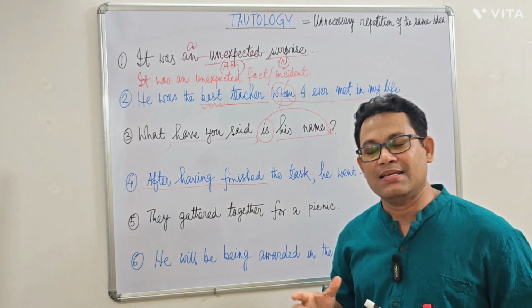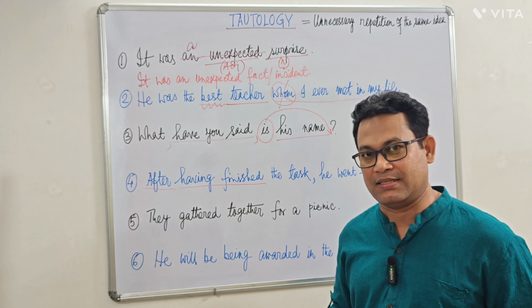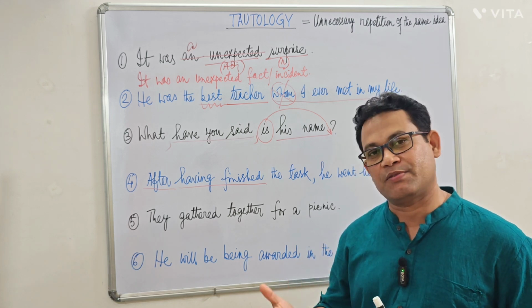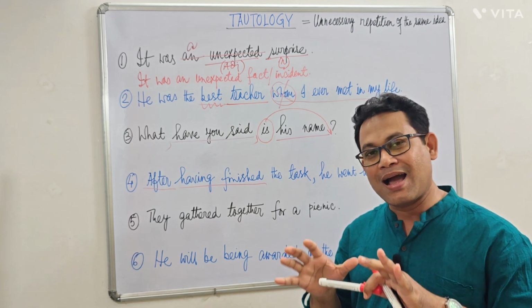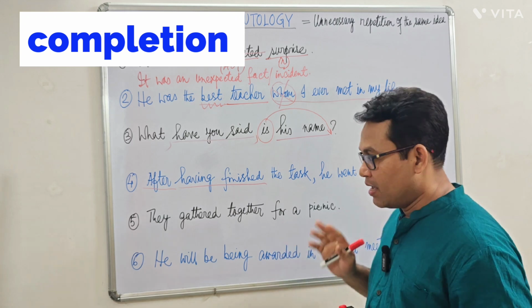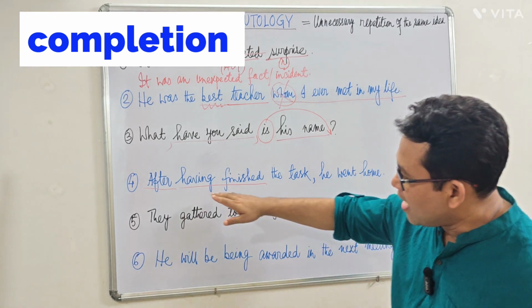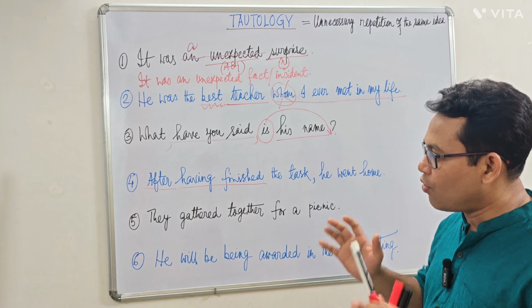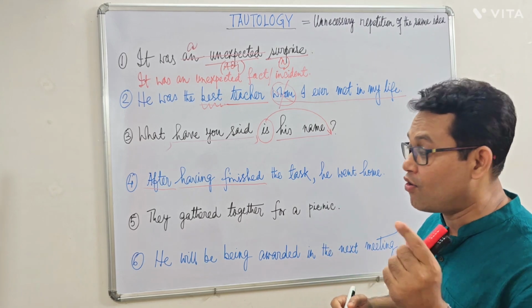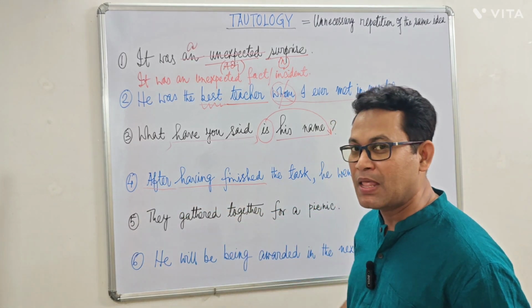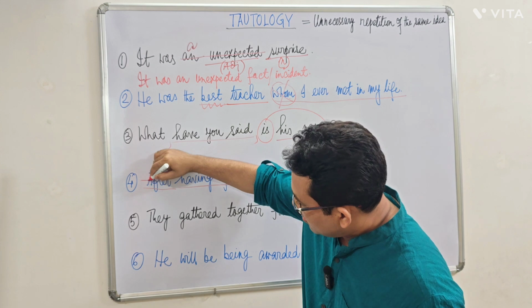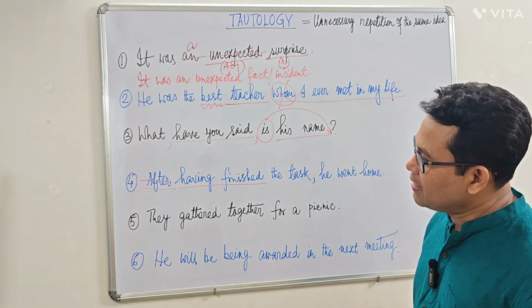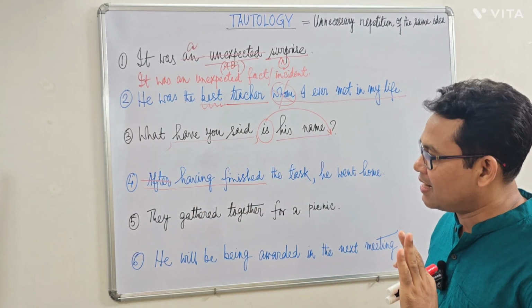Remember, whenever there is the employment of perfect tenses, be it present perfect, past perfect, or future perfect, the idea is completion. Here, having finished, this phrase or this perfect participle is already containing the idea of after. Okay, that's why the preposition at the beginning is redundant, unnecessary.